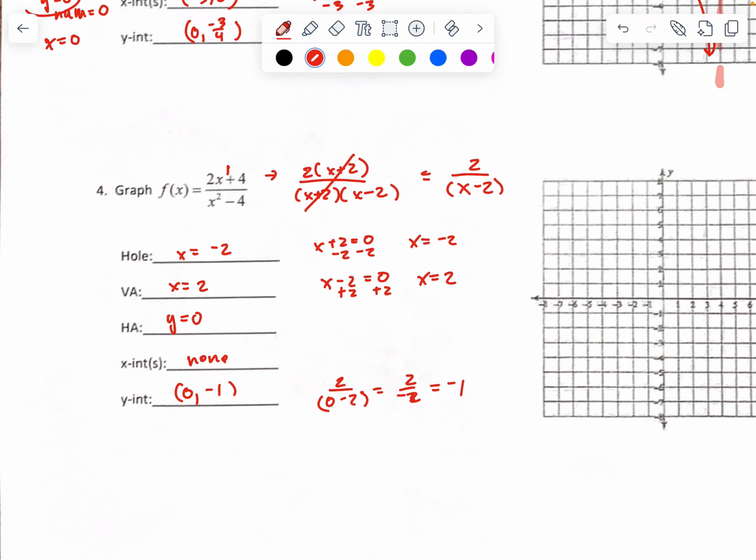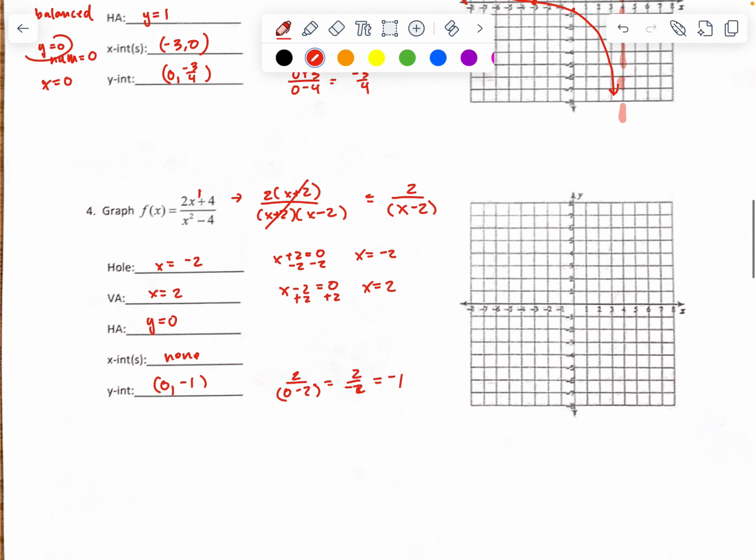Then we graph this. We have our vertical asymptote at -2. I'm sorry, +2. And I should be using red. Then we have our horizontal asymptote at 0. Okay.